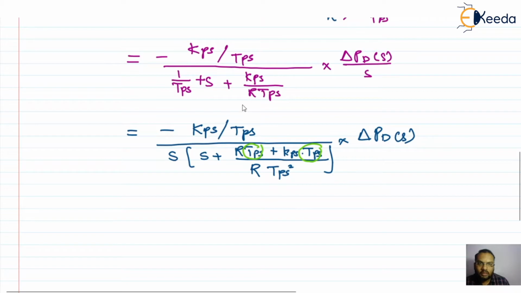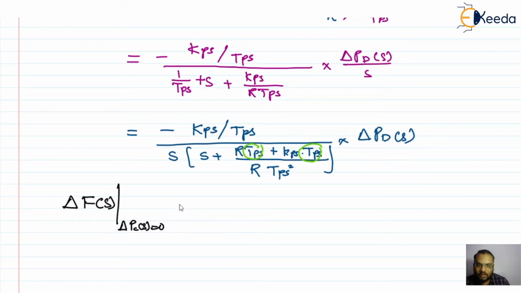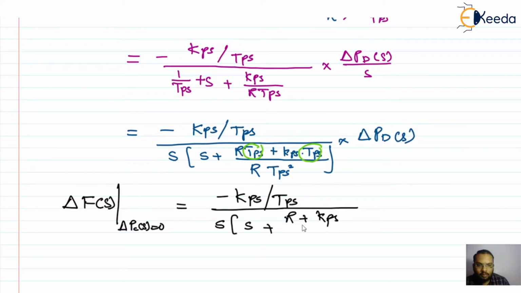Okay, so as it is getting cancelled, we are getting that delta f(s) at speed changer setting fixed, we are getting it as minus Kps divided by Tps, divided by s into s plus, see we get (R + Kps) divided by R·Tps, into delta Pd(s).